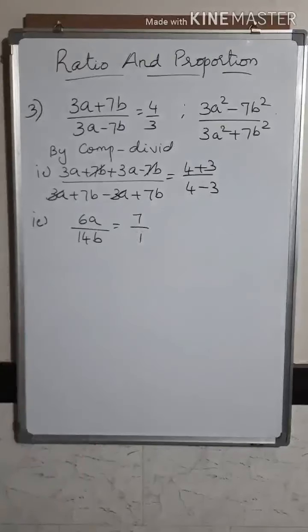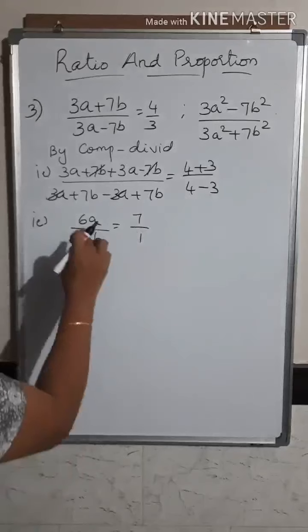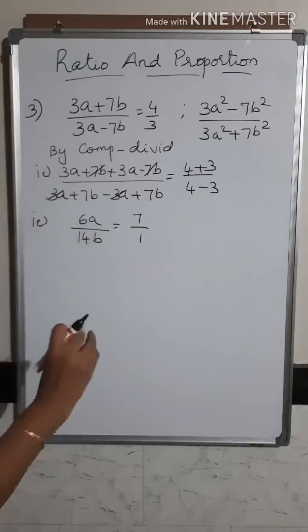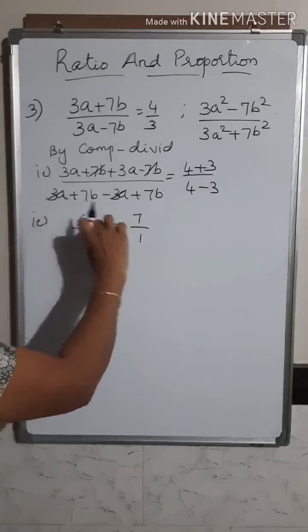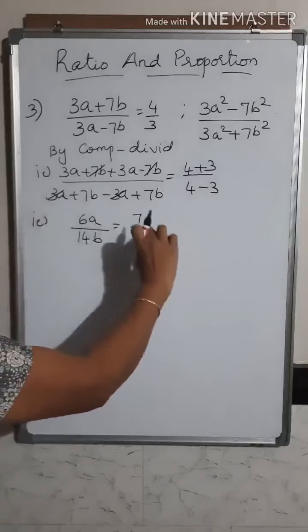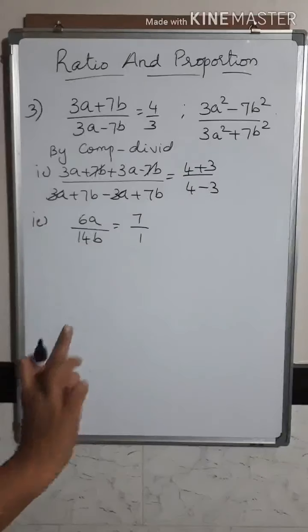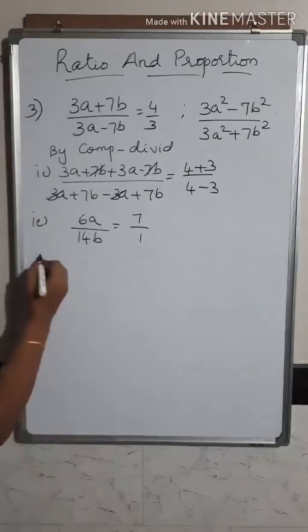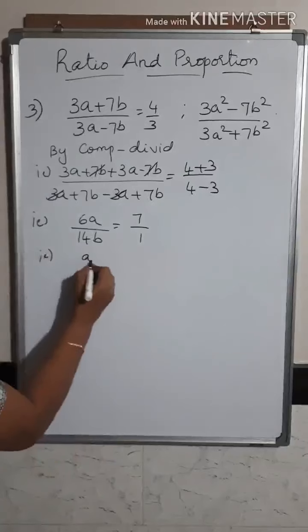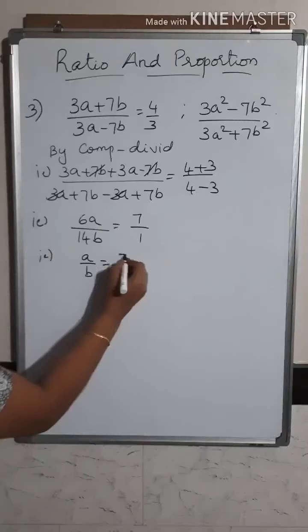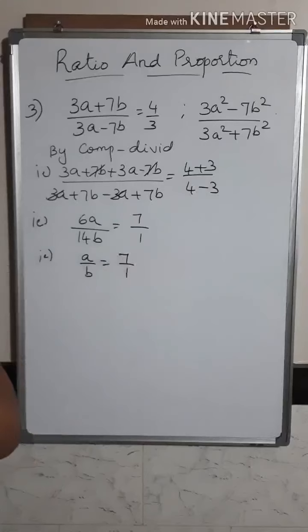Now here in this problem you have got the value of 6a upon 14b, but you want only the value of a upon b. So this 6 upon 14 should be taken to the other side. When you take it to the other side, put the multiplication sign and take the reciprocal. So you get the value of a upon b is equal to, write 7 upon 1 as it is.